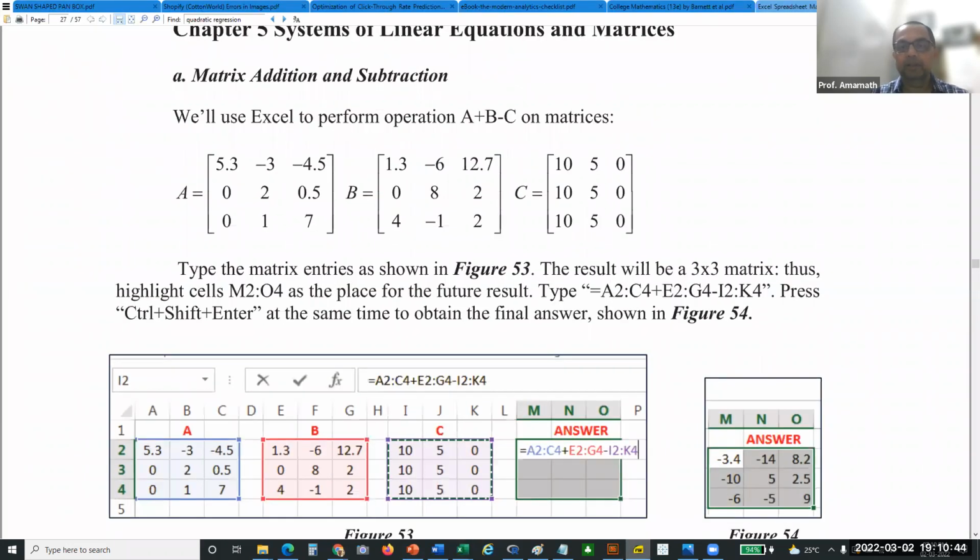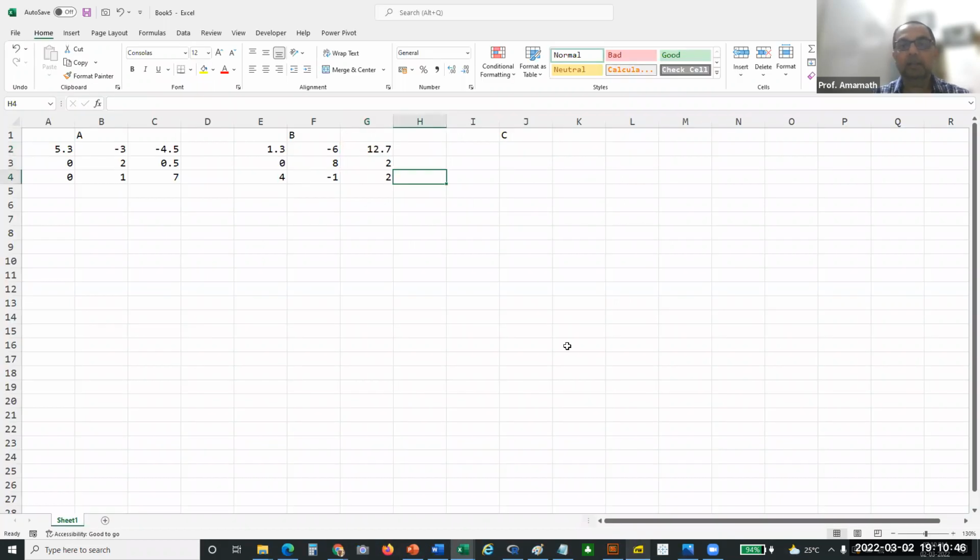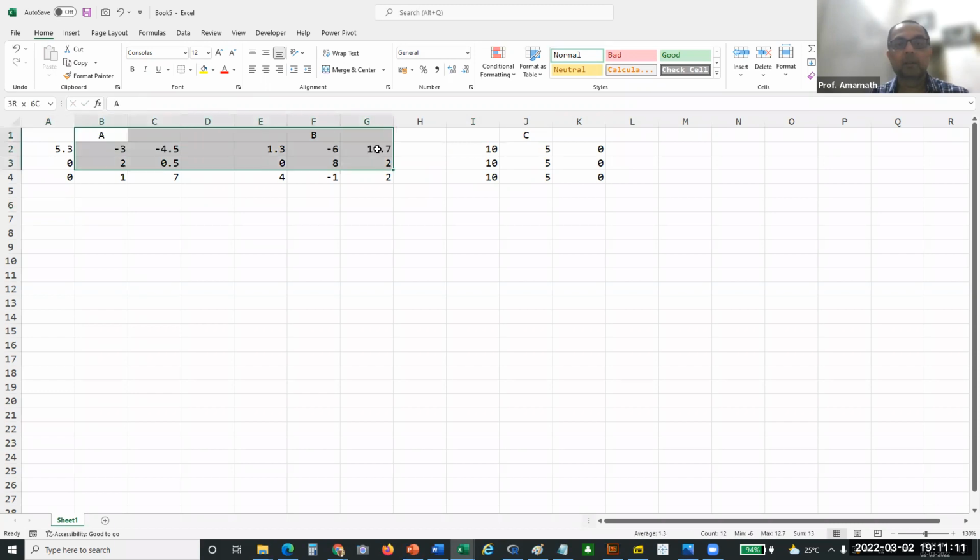The value will be 1050. I don't know why he has taken it like that. C for 1050, that is repeated. So I have my three matrices there. I hope you also have put those things in as necessary.